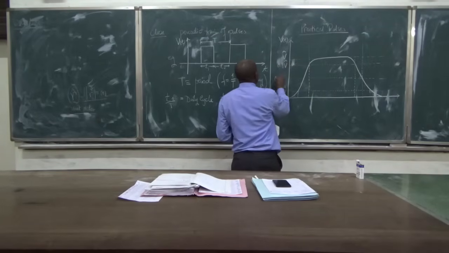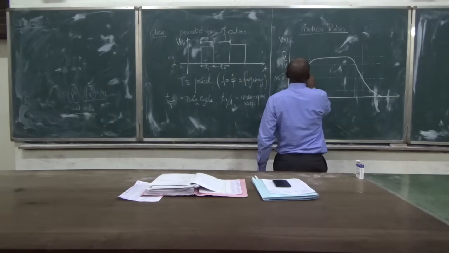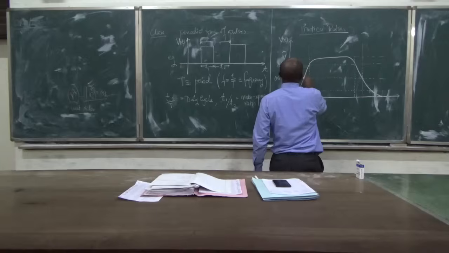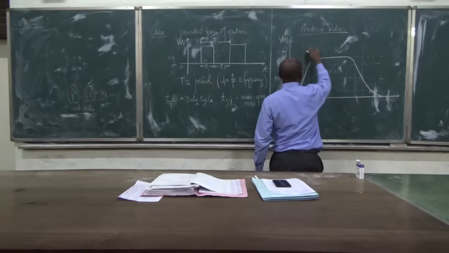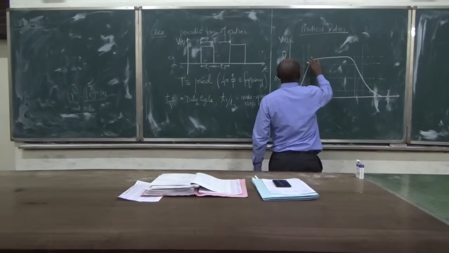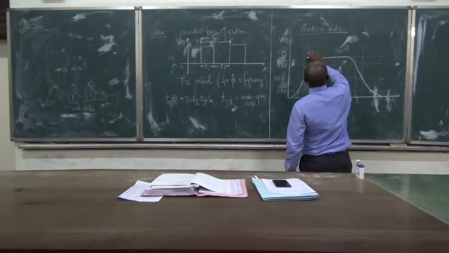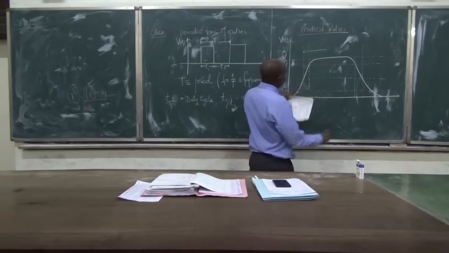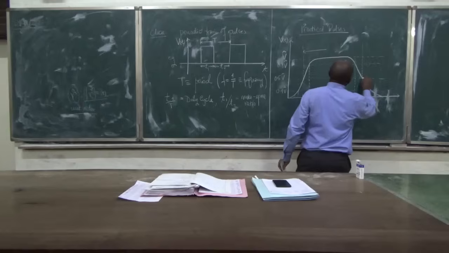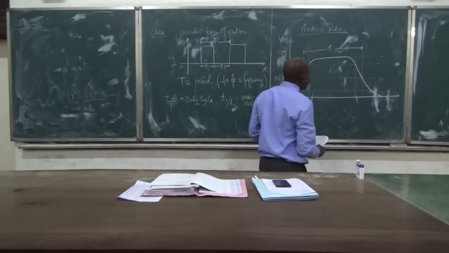This 50% of the peak signal, the time between the 50% rise and the 50% fall, is what we call the TW.